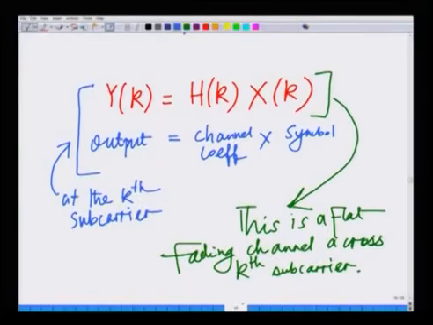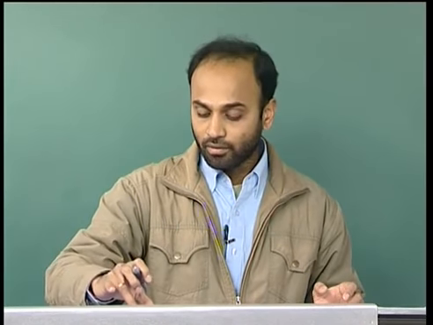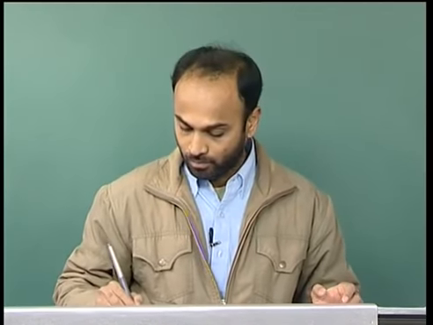Hence, we have an elegant system in which yk, the received symbol across the kth subcarrier, depends on hk times xk, where hk is the channel coefficient and xk is the transmitted symbol on the kth subcarrier. We have converted a frequency selective fading channel into a flat fading channel across the kth subcarrier.